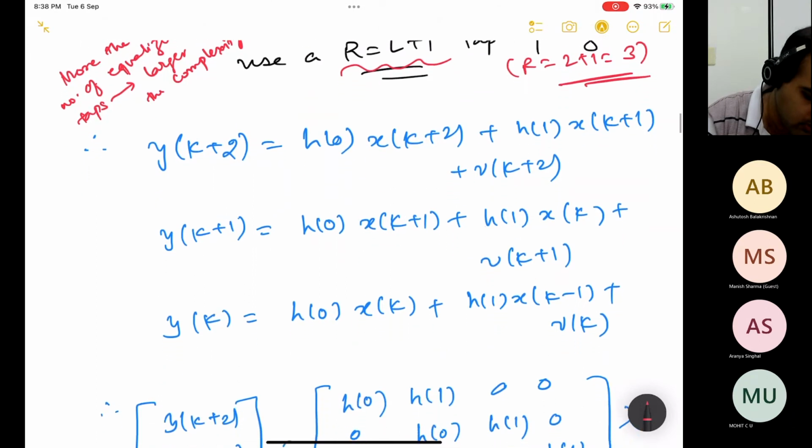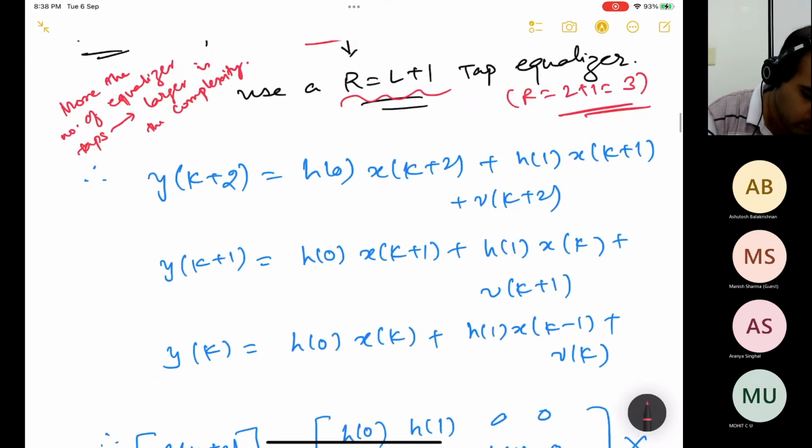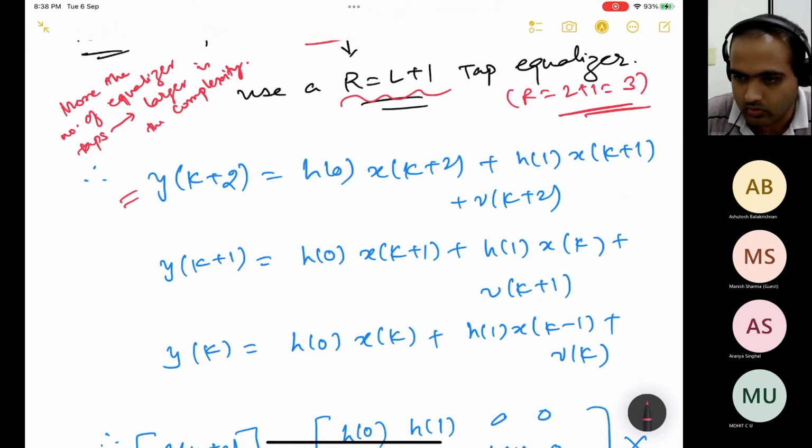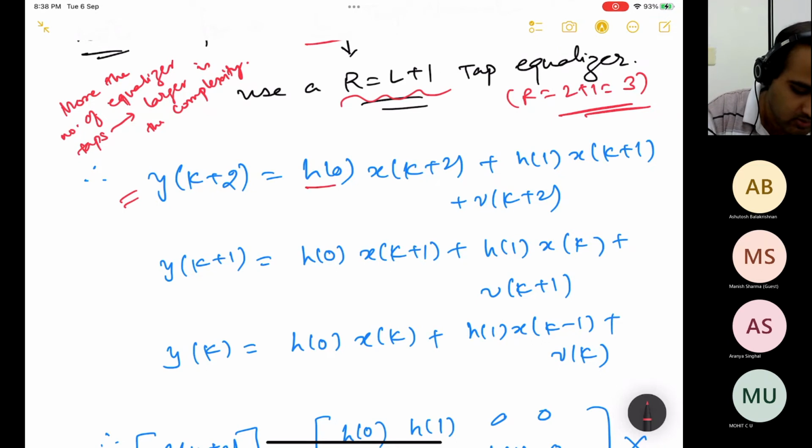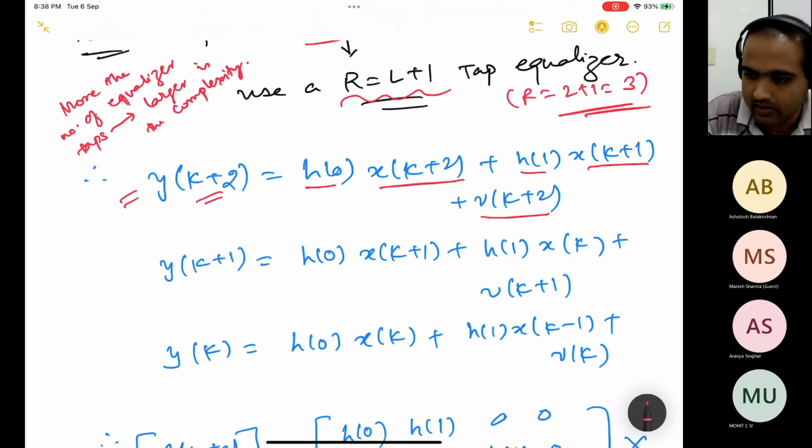So what is my signal at time k plus 2? At yk plus 2, we have h0 xk plus 2 plus h1 xk plus 1 plus vk plus 2. So yk plus 2 needs xk plus 2, and it is interfered by xk plus 1.